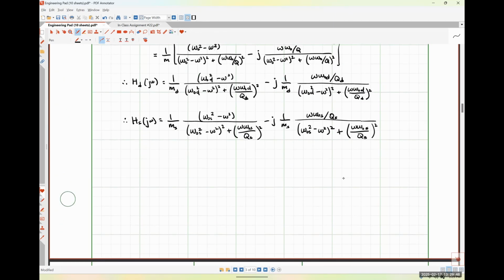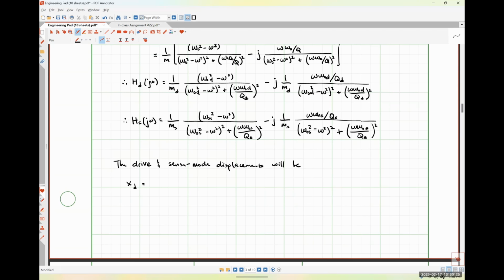Okay, so the last thing that I wanted to introduce to you guys today are simply the displacements that we would see here. So the drive and sense mode displacements will be, so our drive mode displacement x_d, again I'm just using the variable x as a generic thing.